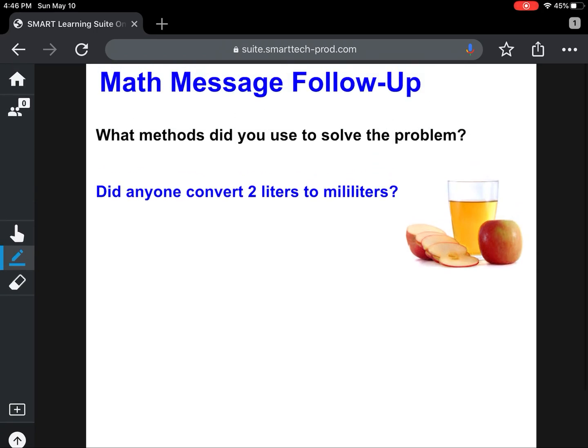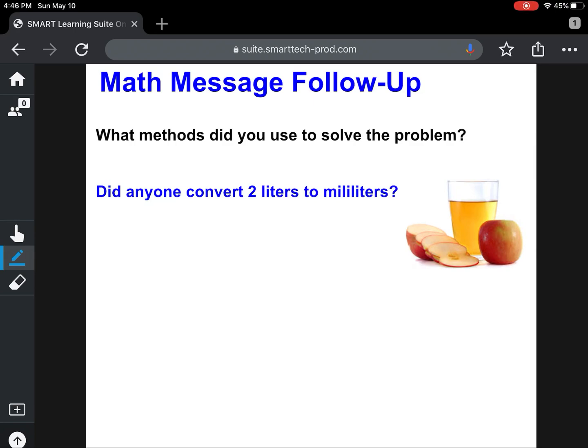All right, let's check our work for the math message. In the math message, they told us that there was a 2-liter bottle of juice, and then they gave you the clue down at the bottom to help you remember that 1 liter is the same as 1,000 milliliters.